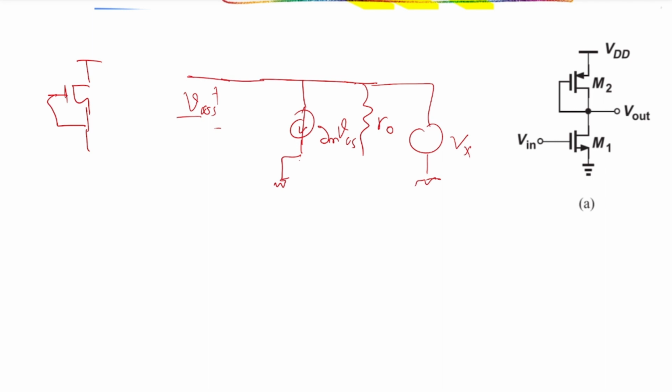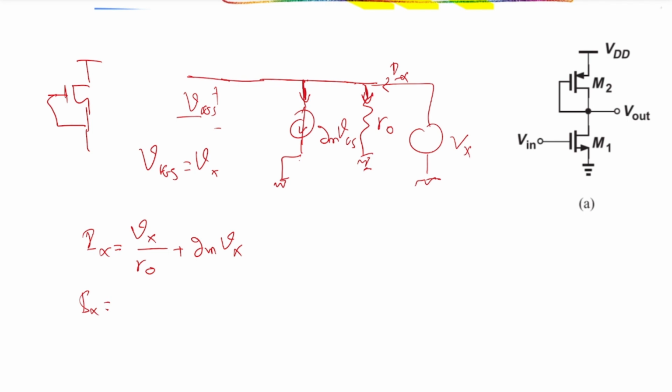So Ix is just this current plus this current. Okay, so VGS is equal to Vx because it is from the same potential. Ix is equal to Vx over r_o plus gm Vx.